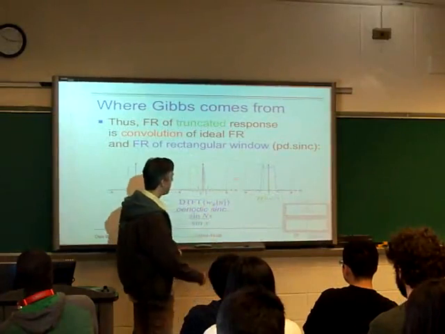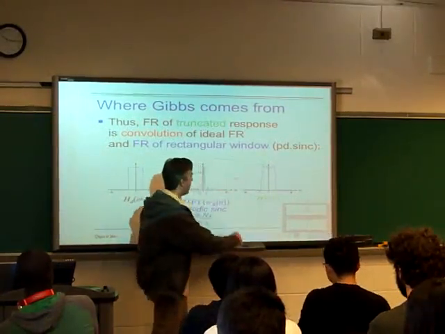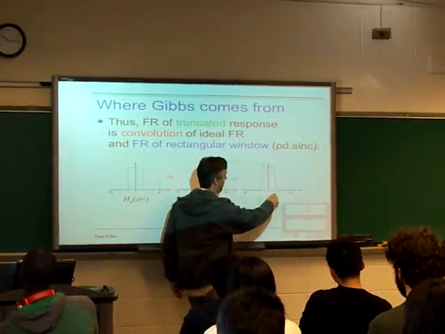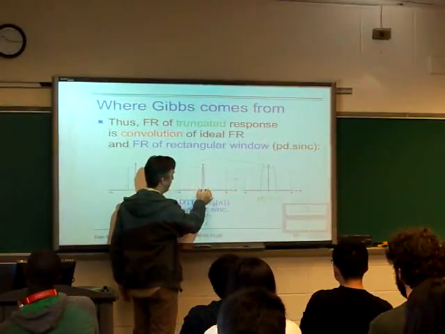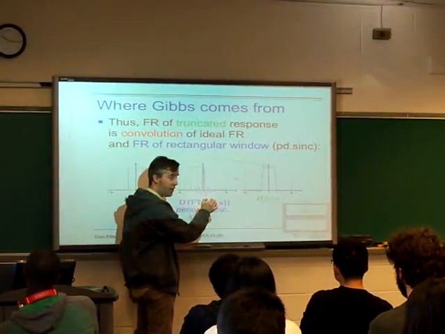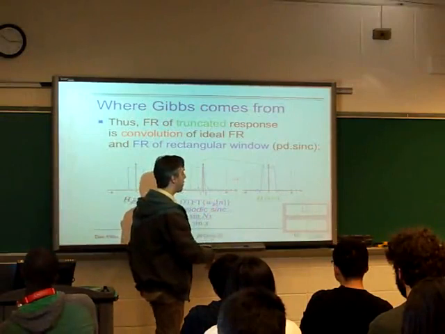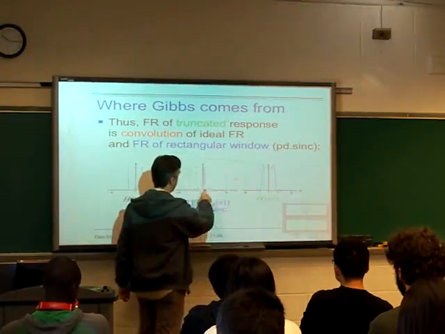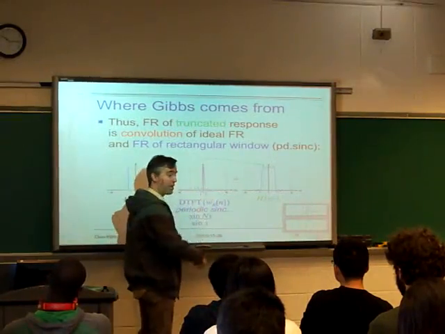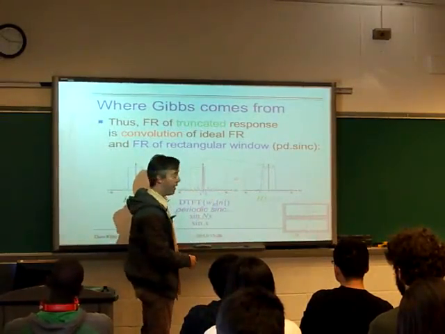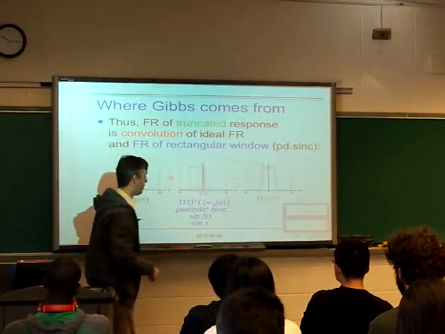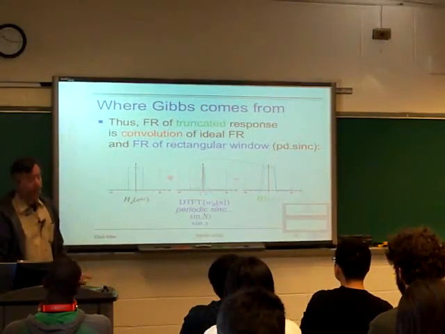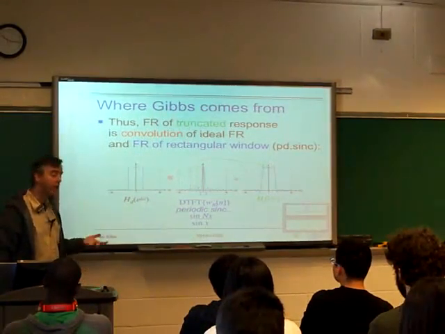And we saw in the animation that the width of the transition region in the frequency response comes from the width of the central lobe in the Fourier transform of the window, and the size of these ringing artifacts is mainly determined by the size of the first side lobe in the Fourier transform of the window function. So it's nice that we could make sense of a phenomenon that we see.